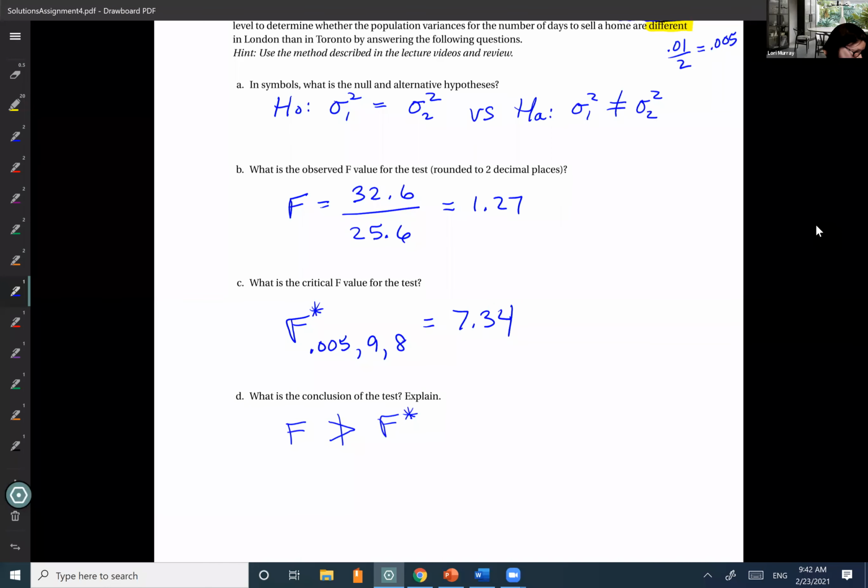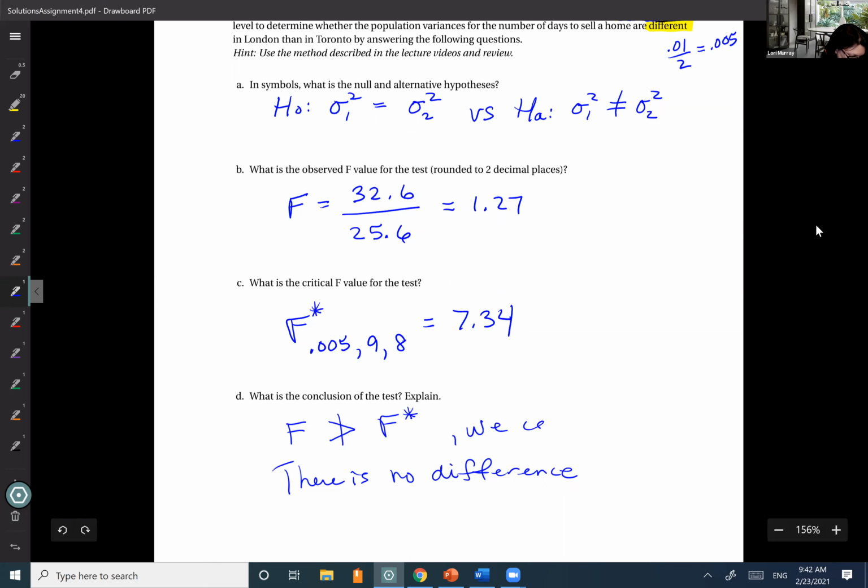And so therefore there is no difference, because we cannot reject. Yeah, there is no difference between the population variances between the two cities.